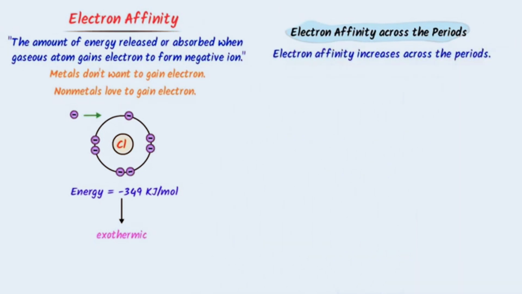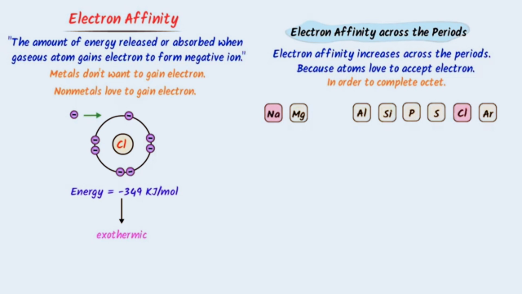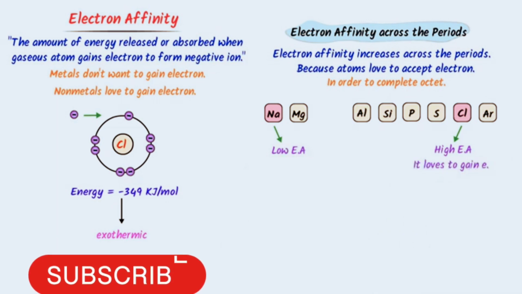Electron affinity becomes more negative or increases from left to right as you move across the period. It is because atoms want to accept an electron easily in order to complete their outermost shell. For example, in the third period, chlorine has higher electron affinity than sodium. Chlorine is a non-metal and it loves to gain an electron easily, while sodium is a metal and it doesn't want to gain an electron.